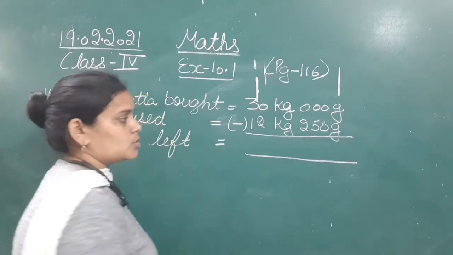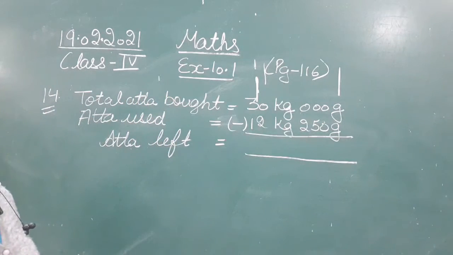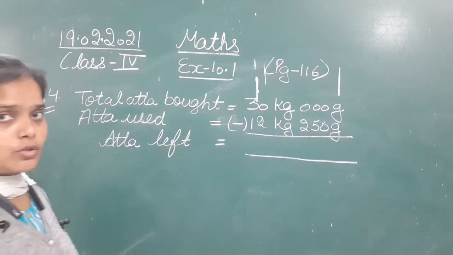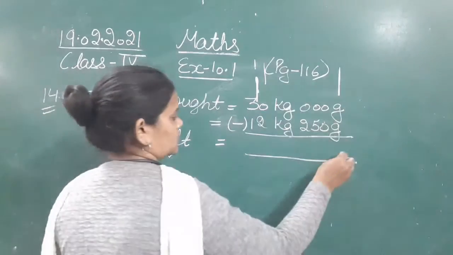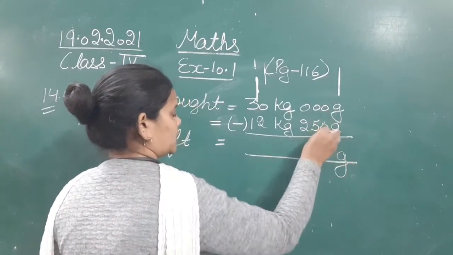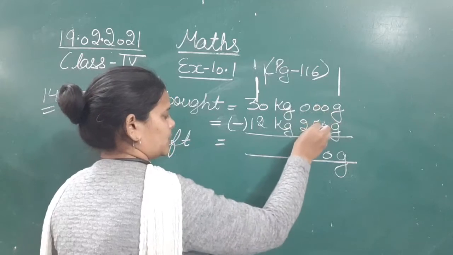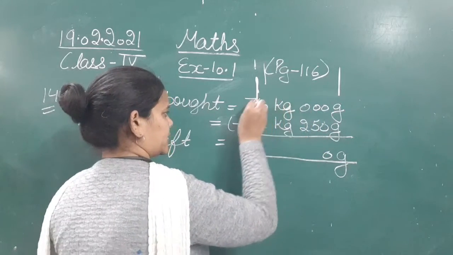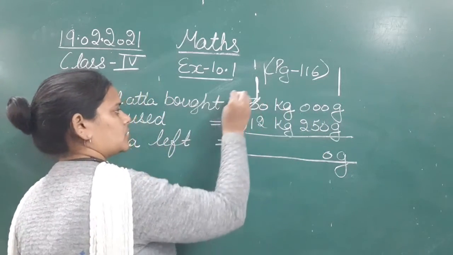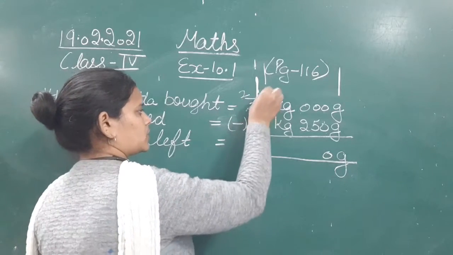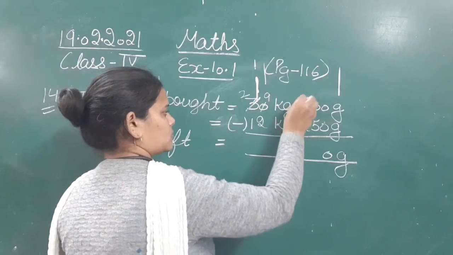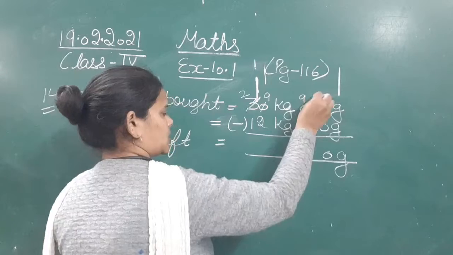Now we can easily subtract the atta used from the total quantity of atta bought. In grams, 0 minus 0 is 0, 0 minus 5 is not possible, so it will borrow from here, that is 3. 3 will become 2, this will remain 9, next is also 9 and it will become 10.